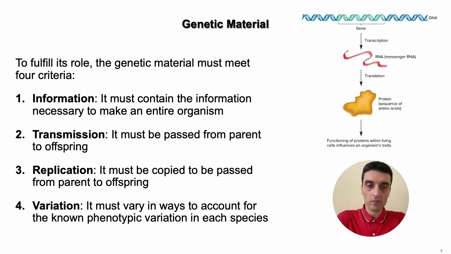So first of all, it has to have information. Usually the information is built into 4 bits of information that we call nucleotides. So we have the A, C, T, G that we're going to be talking more about further in the DNA.